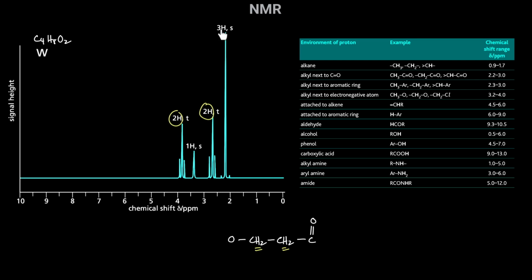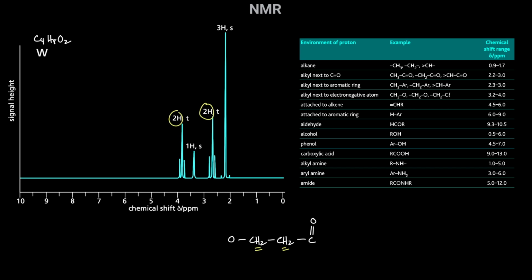We have 3 hydrogens that are a singlet, so that would be a CH3. However, that CH3 doesn't shift in the range 3.2 to 4 parts per million. If it was bonded to an oxygen it should, but it doesn't. So this is not the structure.